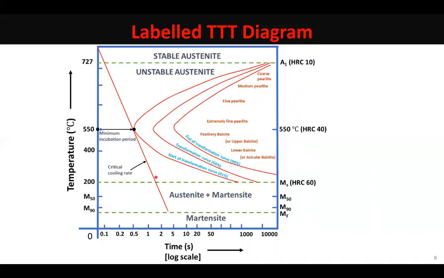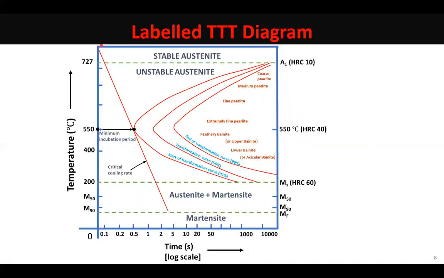Critical cooling rate, see, if you enter the start of transformation curve, this means that austenite is going to decompose. Importantly, it is going to show a decomposition which is diffusion based. And now if your cooling rate increases, and your cooling rate is not able to enter these curves, that means austenite will not transform through diffusion.